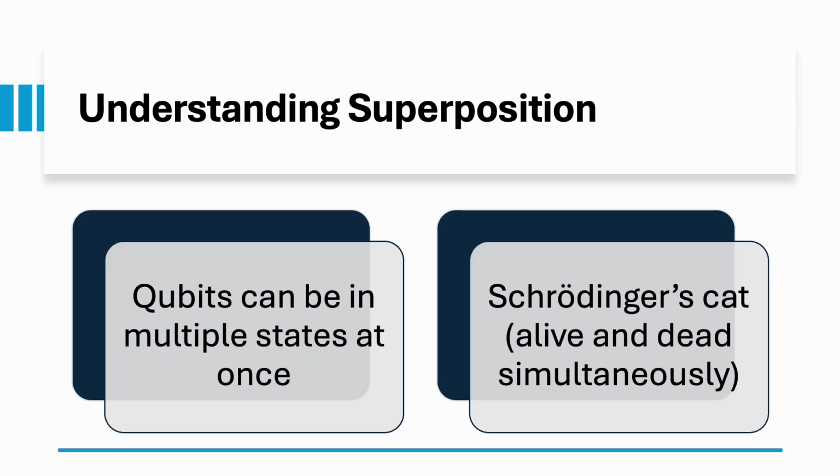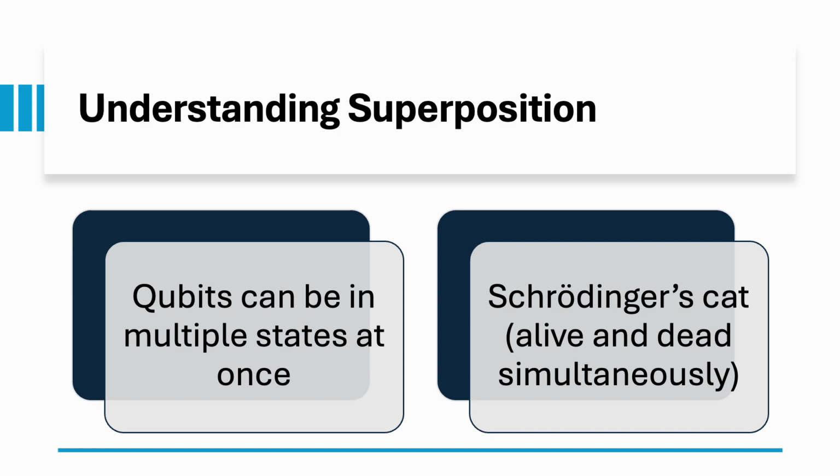And 3 qubits can represent all 8 possible combinations at once. This property of superposition is what allows quantum computers to process information in parallel on a scale that classical computers cannot match.